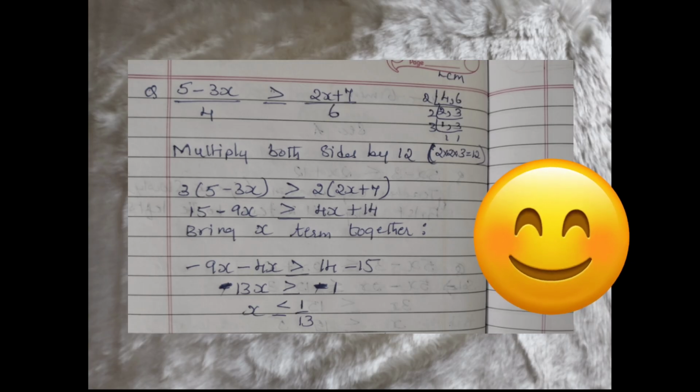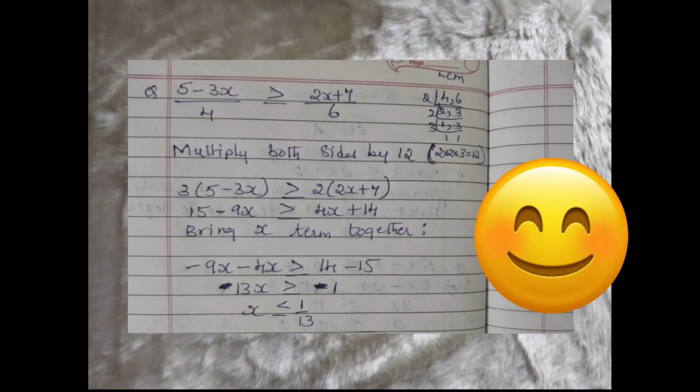Now we'll take the LCM of 4 and 6. After finding out the LCM, the answer is 12. So you will be multiplying 3 with 5 minus 3x and putting the symbol greater than or equal to 2 into 2x plus 7.